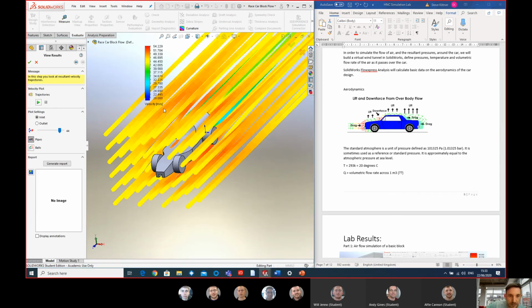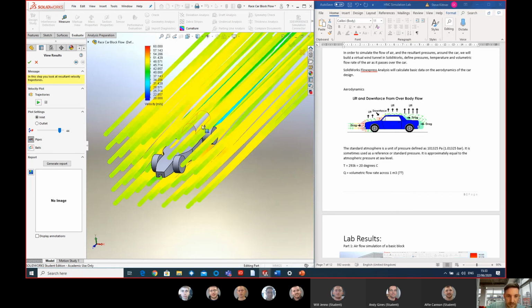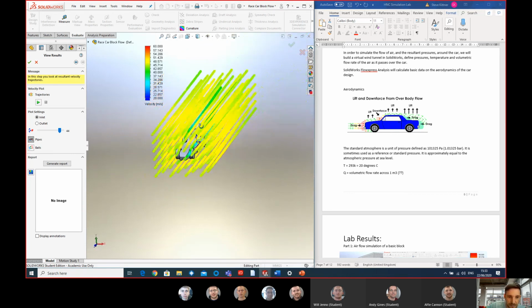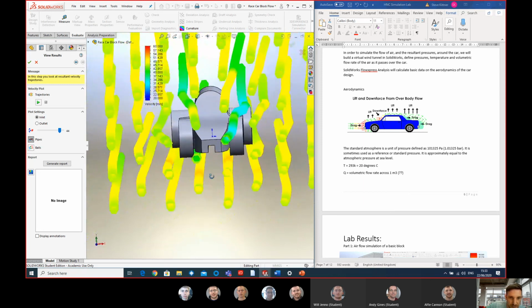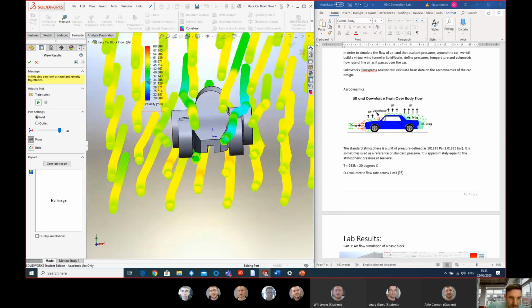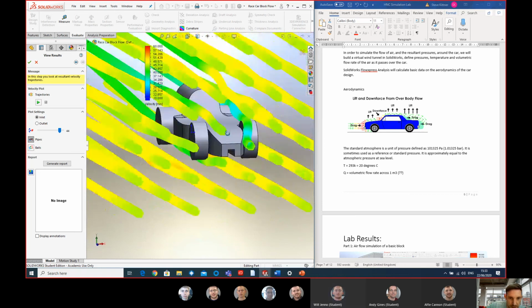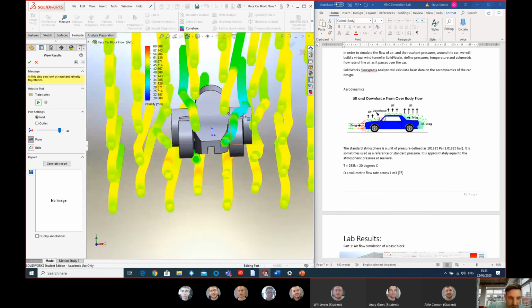It's 2060. And there we go. So it's now taking a projection over that wheel, which is showing quite a drop in the velocity.